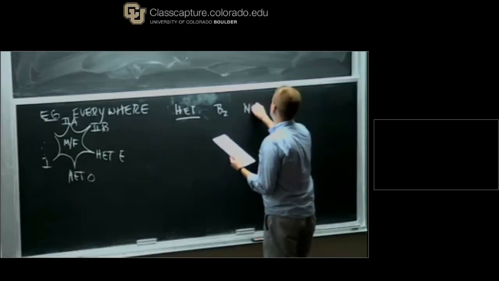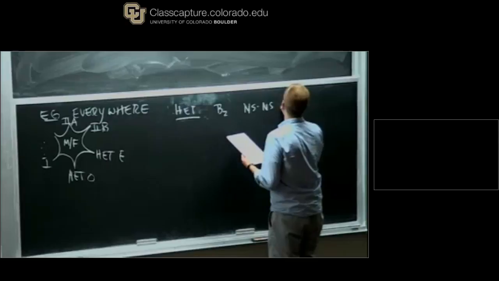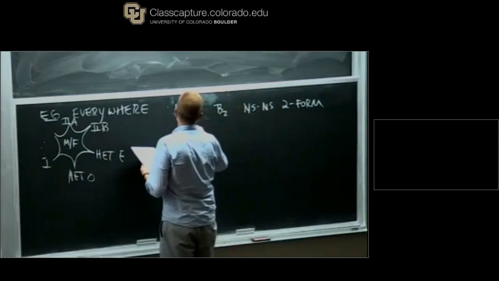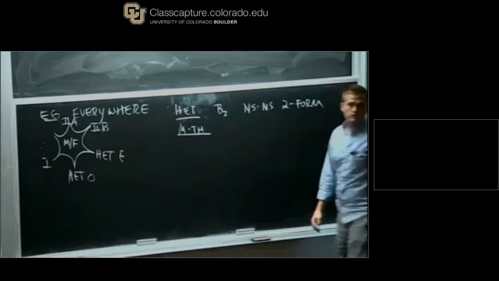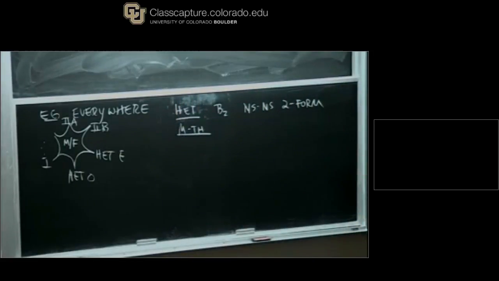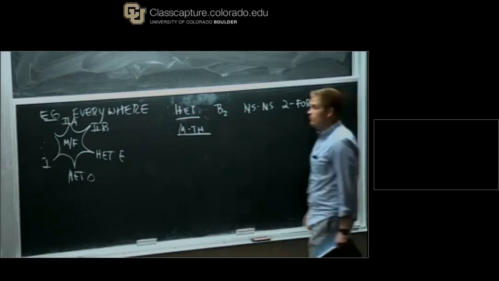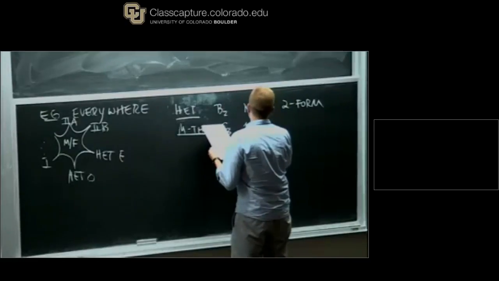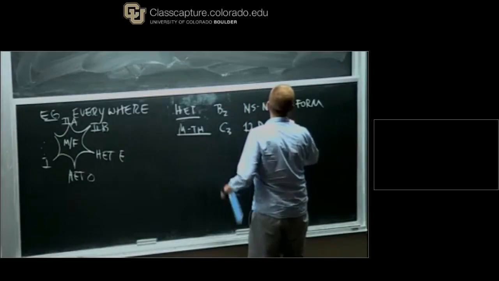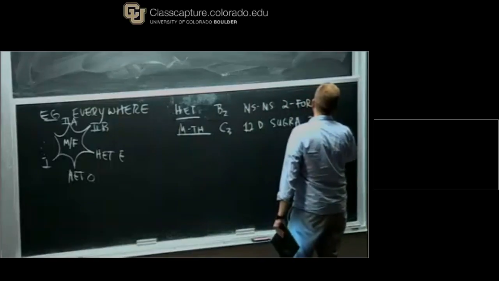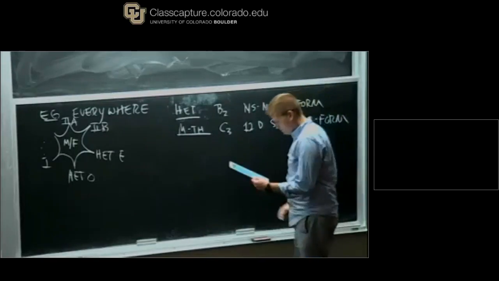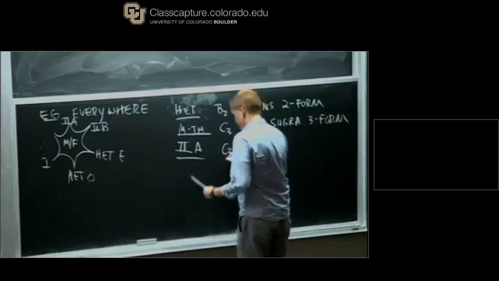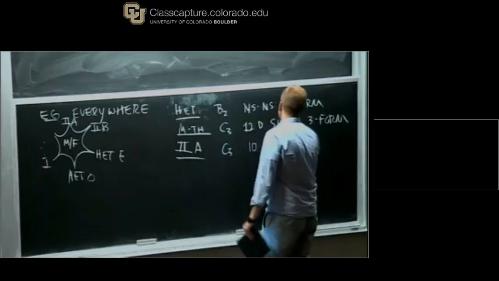So in the heterotic string, there's the NS-NS 2-form, for example. In M theory, of course, being the quantum completion of 11-dimensional supergravity that we would love to know more about, it has the 11-dimensional supergravity fields. There's a C3 field, the 11D sugra 3-form. Okay. In 2A, there's also a C3 field of 10D 2A sugra.